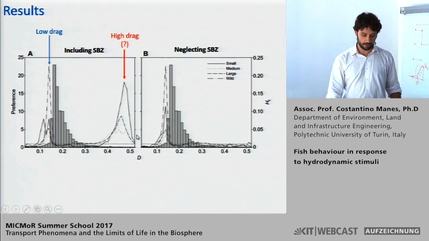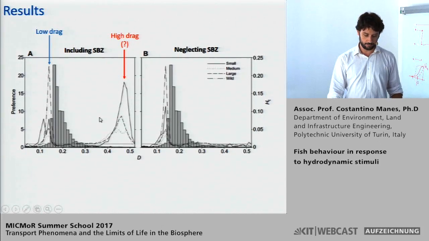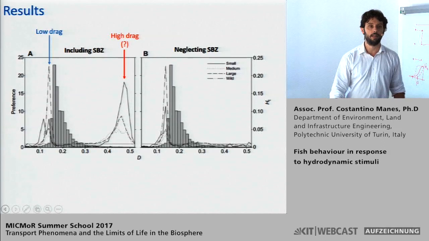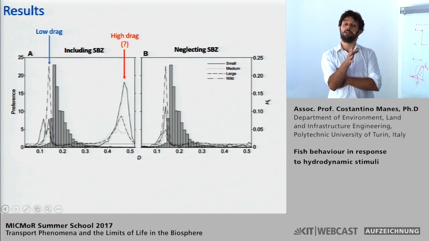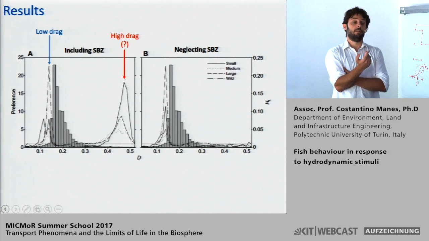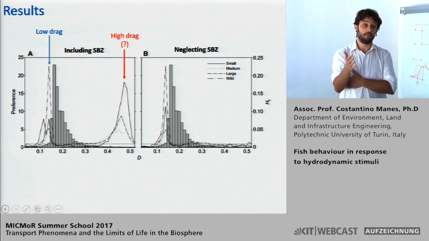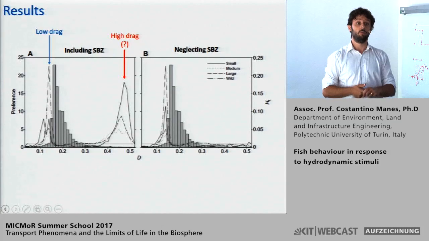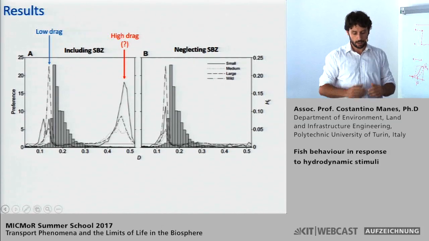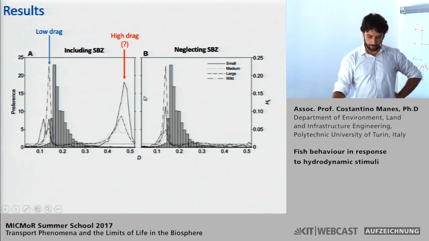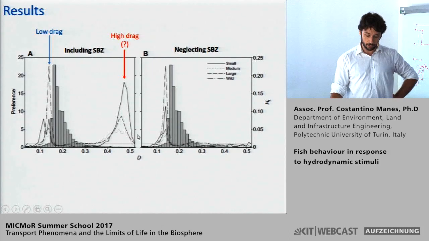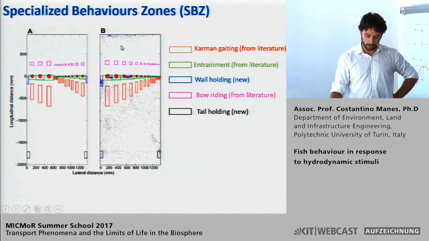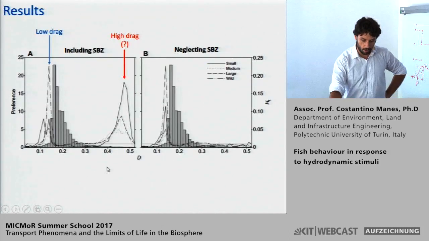This preference at high drag is explained by the fact that the fish was at locations where it was using either Karman gaiting or entrainment, which is associated with very fast velocities, but yet experiences low energy consumption because of these specialized behaviors we talked about earlier.